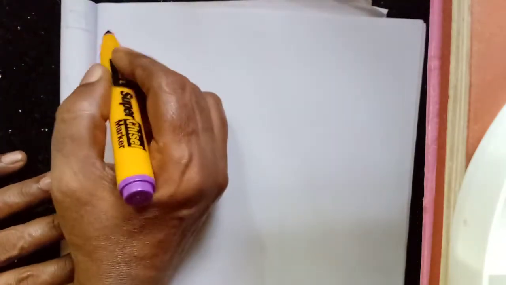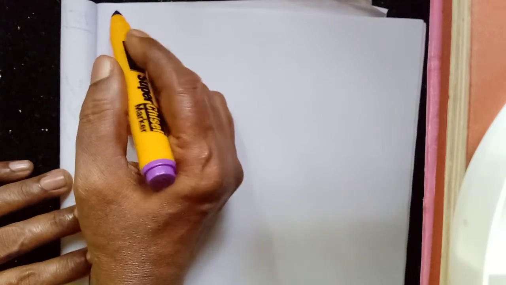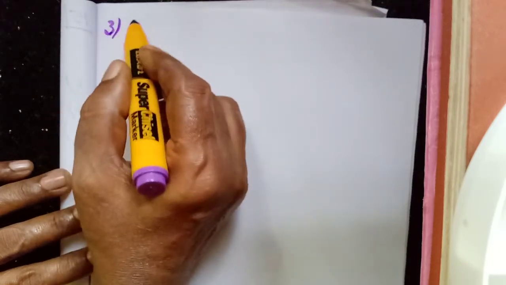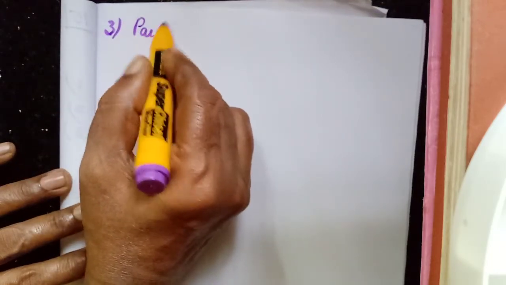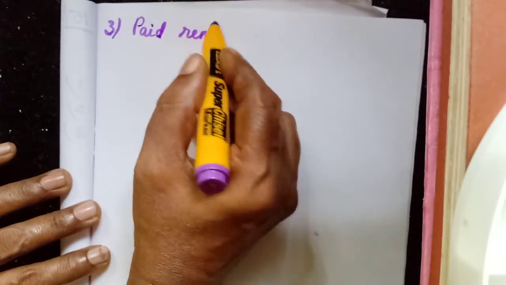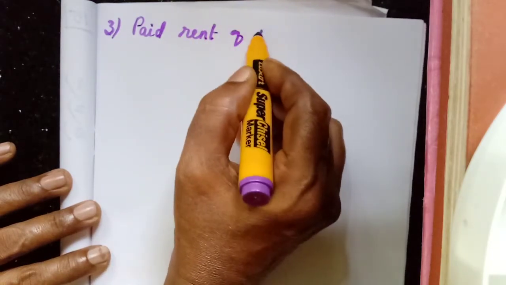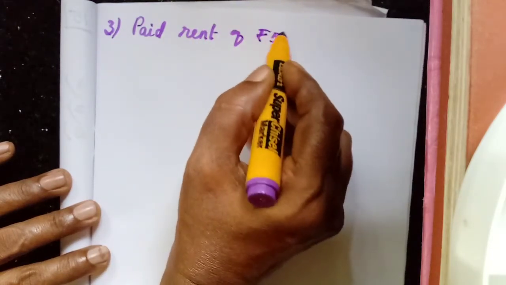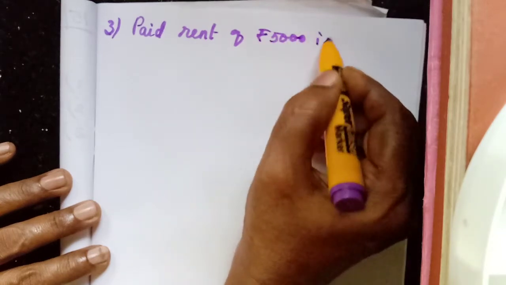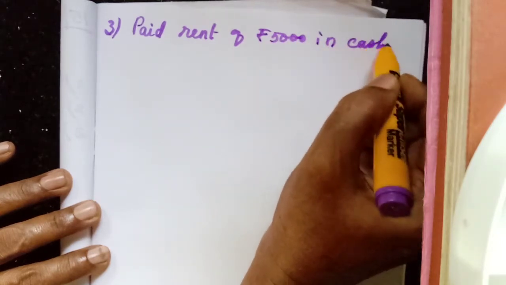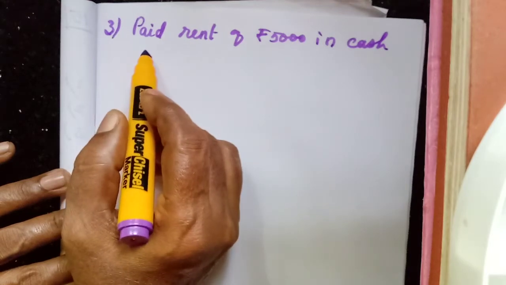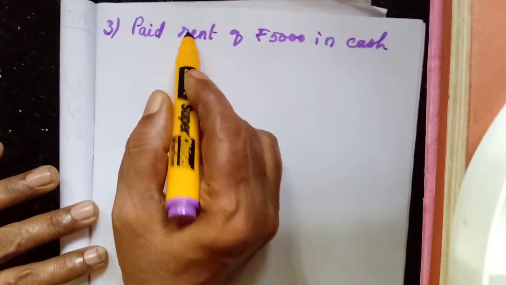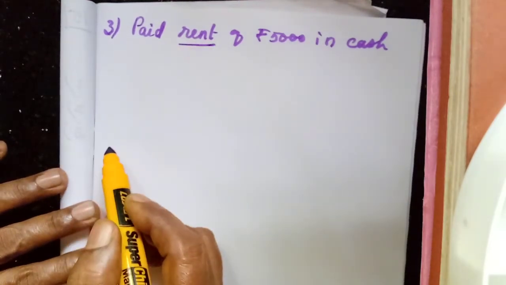Then for example we will see the nominal account. Third example: paid rent of rupees 5,000 in cash. Here the expense name is rent.